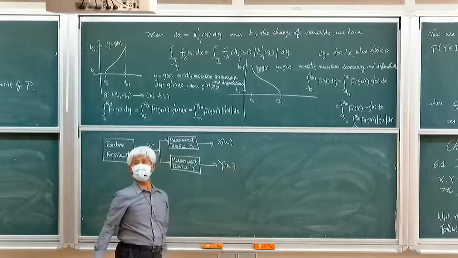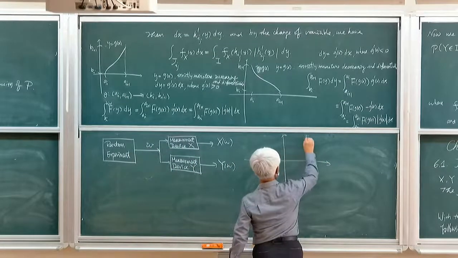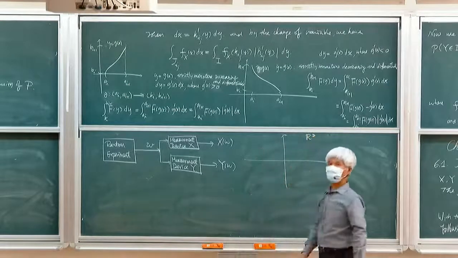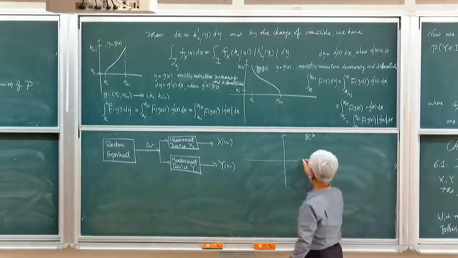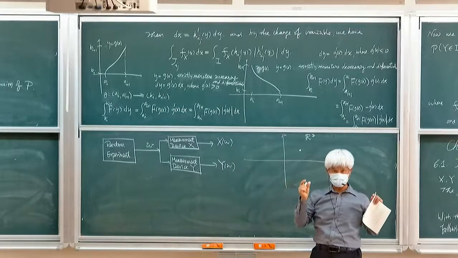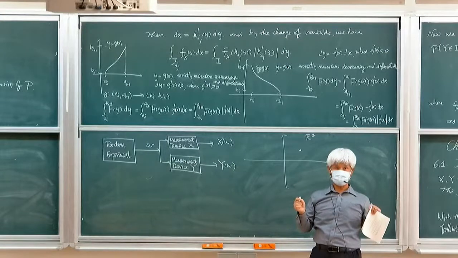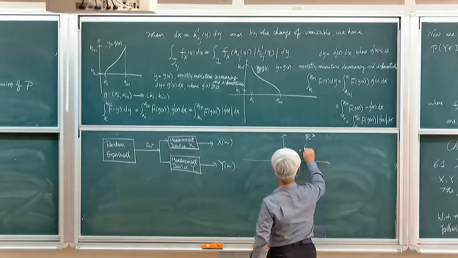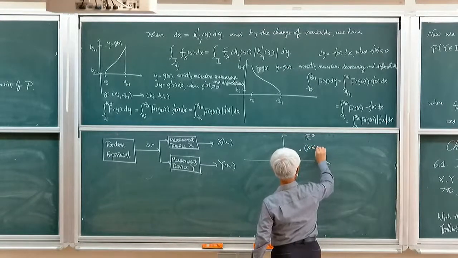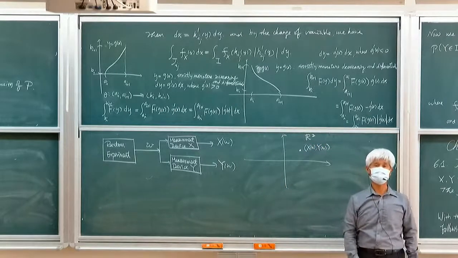Okay. And then these two will be plotted in the plane. Okay, and so we can record these two measurement results simultaneously. Okay, and so we have a point here.